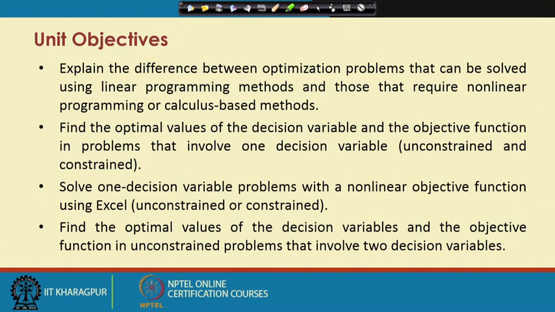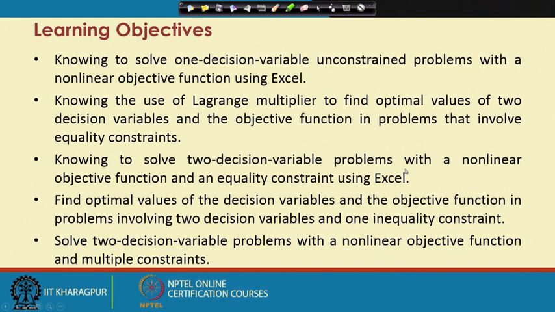We would like to check which particular model fits a business problem and then address the problem as per the requirement. And we would like to know various mechanisms through which you can solve nonlinear programming with a single constraint, multiple constraints, with one variable, or multiple variables.